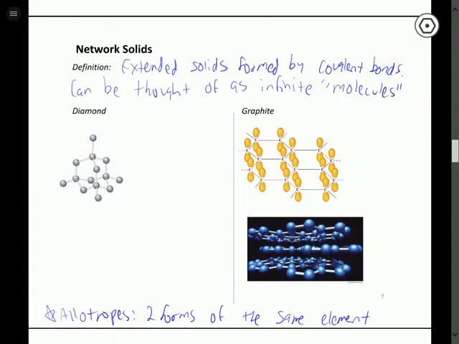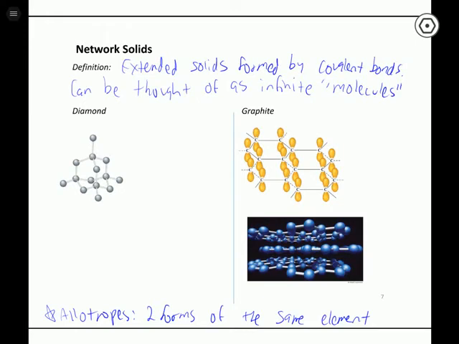There's diamond and graphite for carbon. They have very different bonding, and they have very different properties as a result of that. So what we're going to do in this section, as we give you some examples and some principles about network solids, is talk about how the bonding arrangement has a very large impact on the properties.